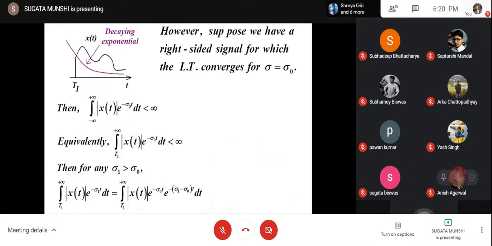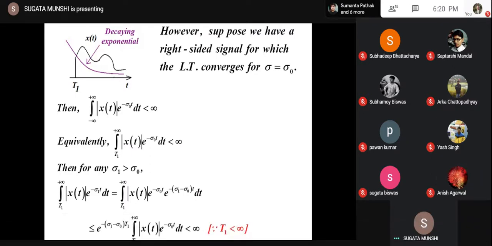I have given the proof here. Same one as case 1 here.